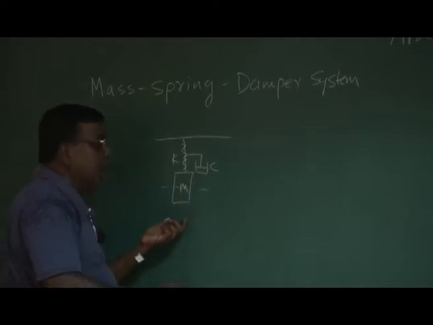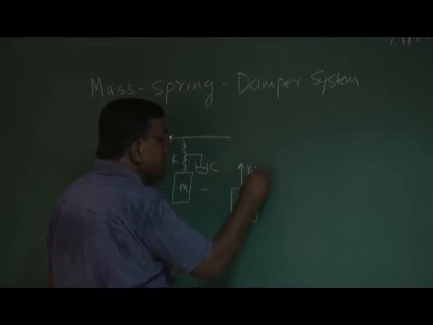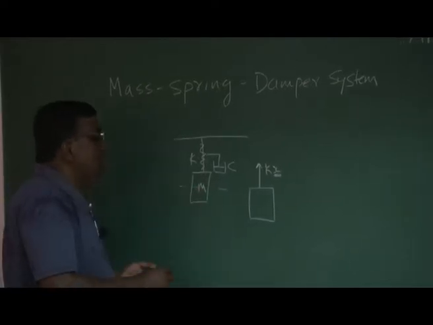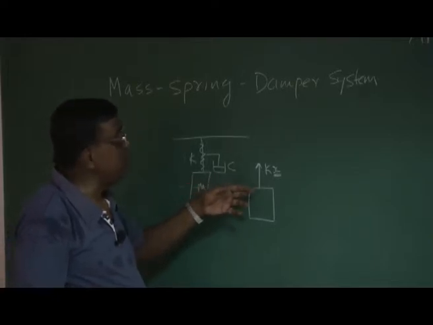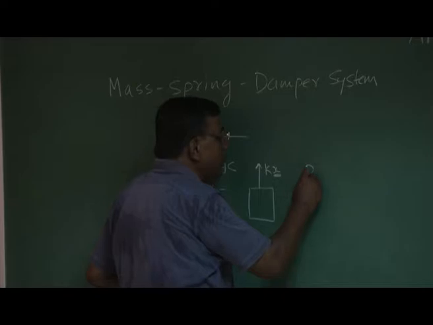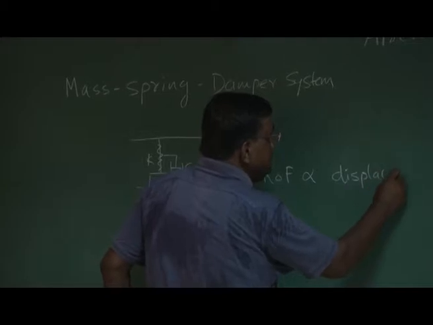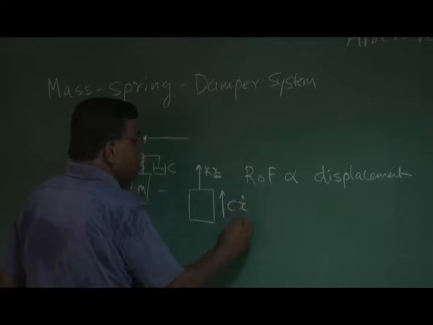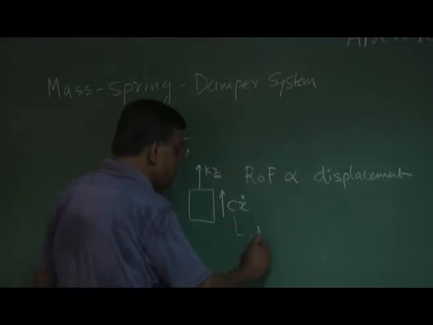As I stretch this mass, there will be a restoring force Kx. Kx is the disturbance, small perturbation from the equilibrium, right? So this will try to take it back to the equilibrium, right? So there is a restoring force proportional to displacement. Also, you know that there will be a restoring force proportional to the rate of change of this small disturbance, and this we call damping.